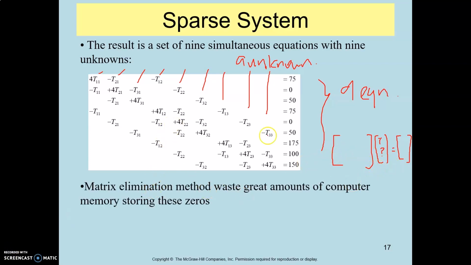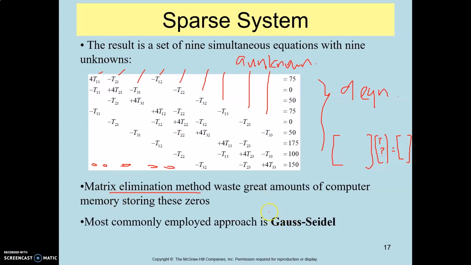In this course we will learn about the Gaussian elimination method, but for this situation, since we have a lot of zeros, it will waste a lot of space and memory for the computer to store these zeros.